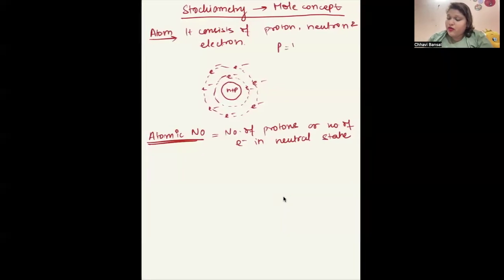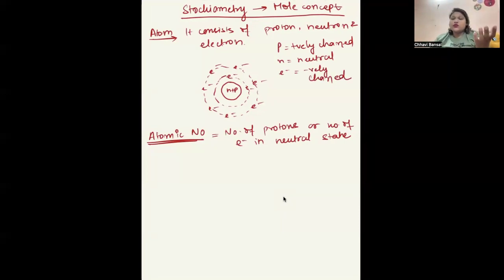Protons are positively charged particles. Neutrons are neutral, and electrons are negatively charged particles, right? Now, when we talk about the atomic number, neutral means when the positive charge and the negative charge balance each other out. Means when the number of protons is equal to the number of electrons, the atom is neutral. There is no net charge on it, right?